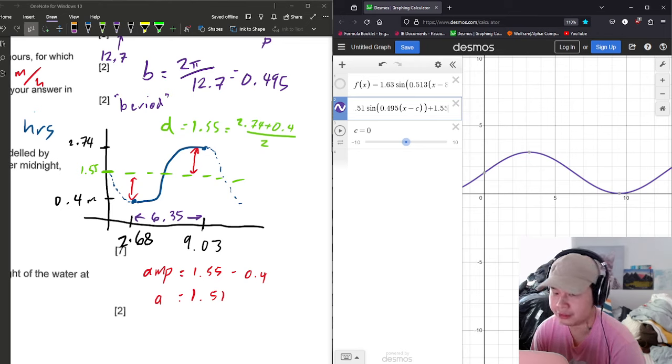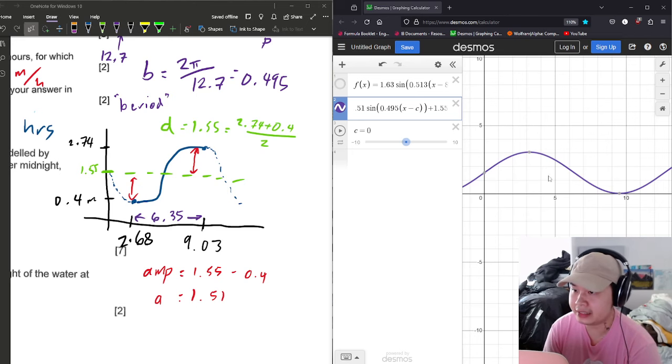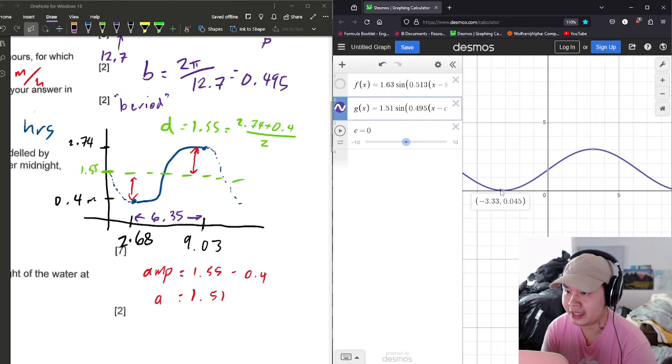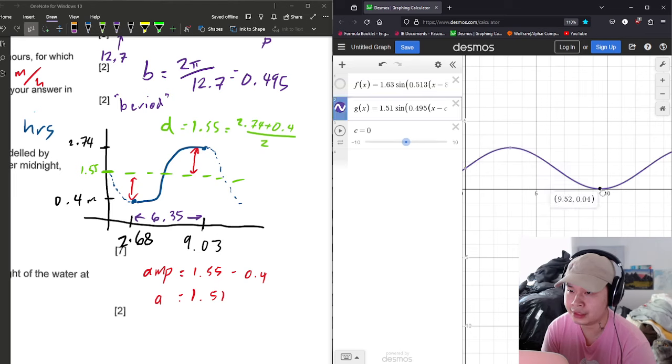Okay. So let's take a look at what you currently have. This is the wave as it is without the phase shift. Notice my high tide is in the wrong place. My high tide is happening at 3.1 and I need it at 9.03, right? My low tide is in the negatives, over here.